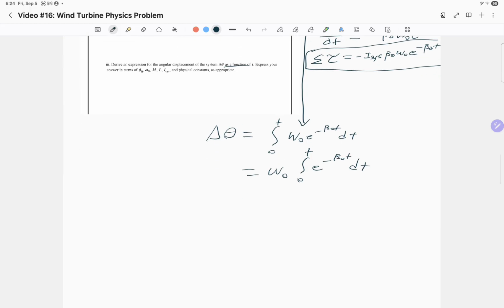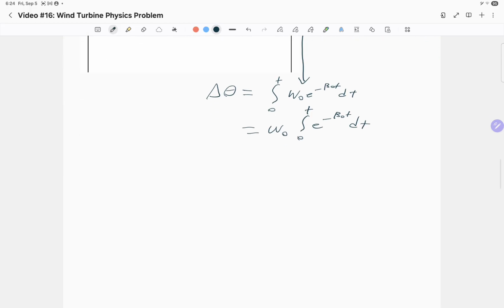And that's an integral which is on your equation sheet. Well, it's not this exact integral, but it's the format where you have e to the ax dx.